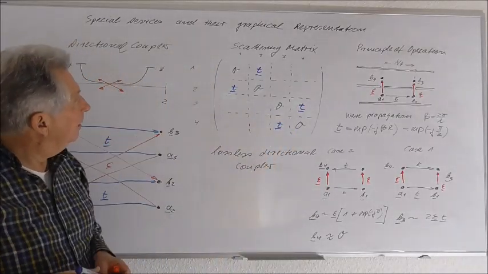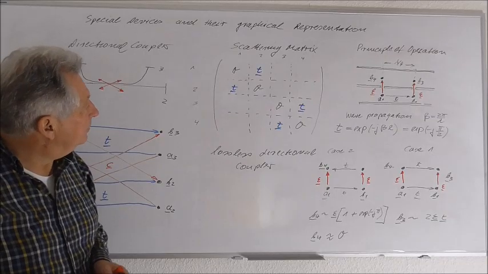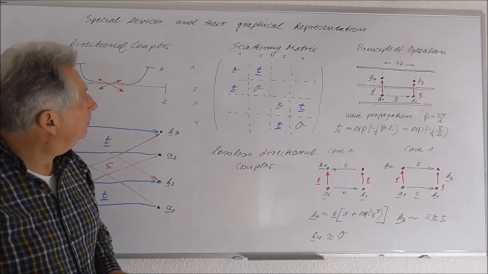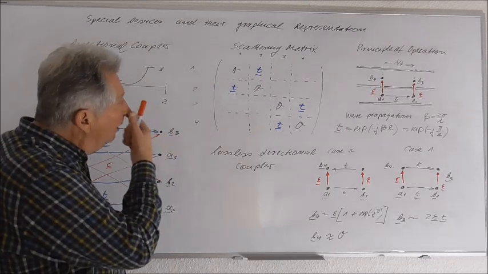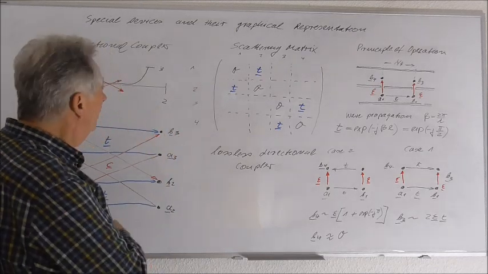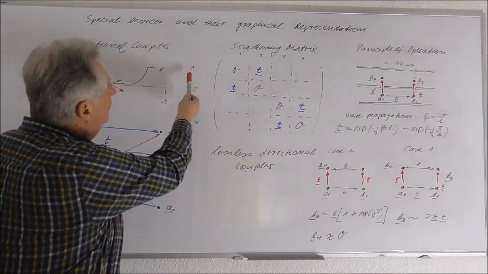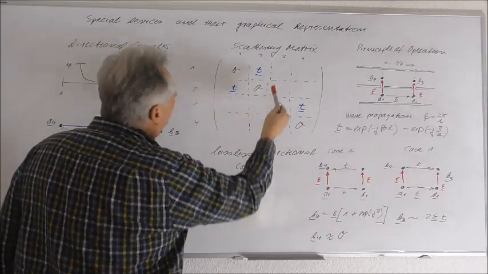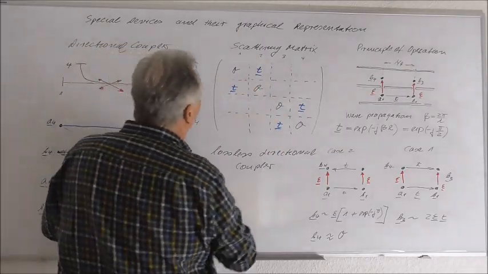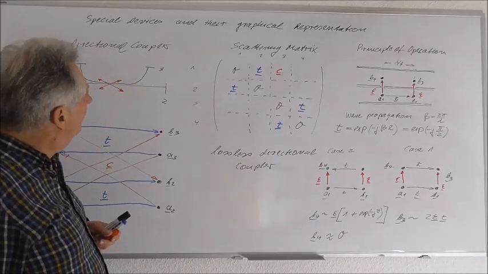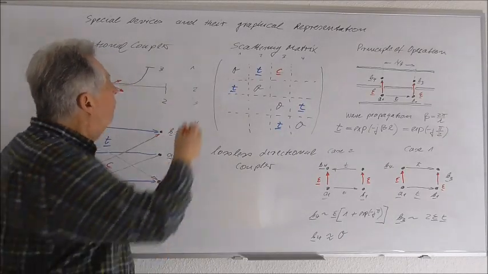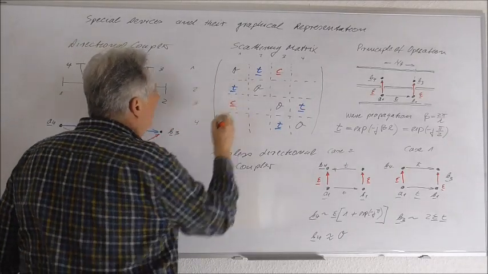So these are the transmission coefficients, and now we account for the coupling coefficient. So we have a coupling, for example, from port 3 to port 1. Here we have the coupling, and also we will have a coupling from port 1 to port 3.